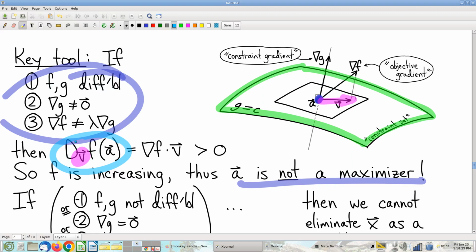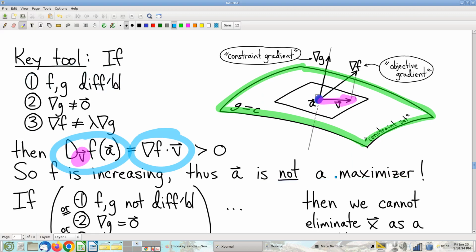The directional derivative, of course, gives me that, which we compute by this formula. Our objective gradient is this. This says dot it with the direction that we're going, which is that.